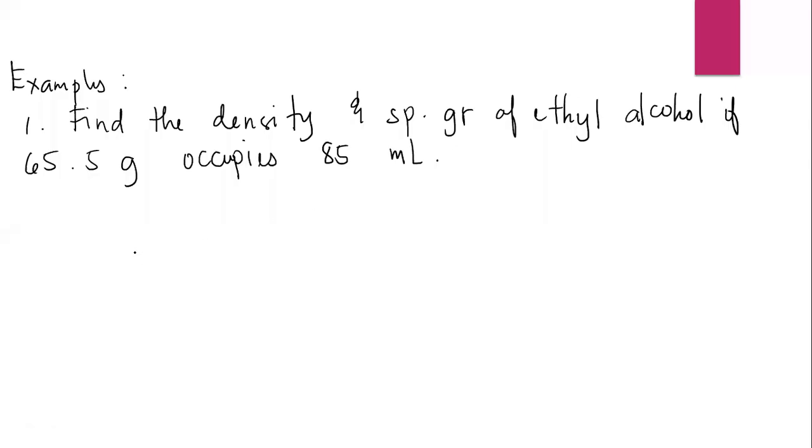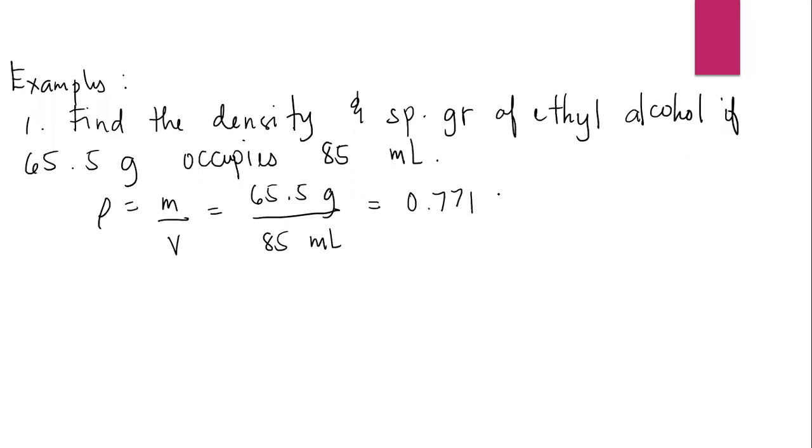Okay, we have the mass density, which is equal to mass over the volume. The mass is 65.5 grams over 85 milliliter. Okay, therefore this one is equal to 0.771 gram per ml.